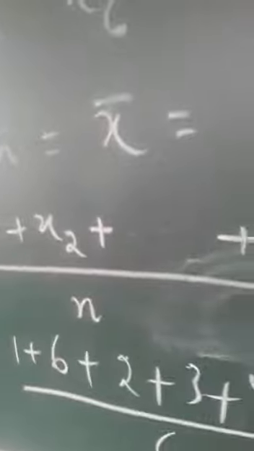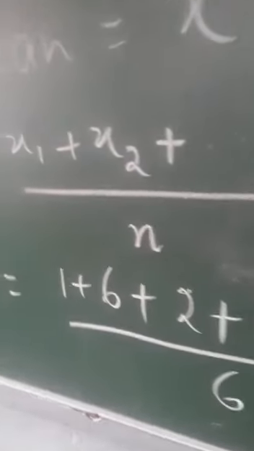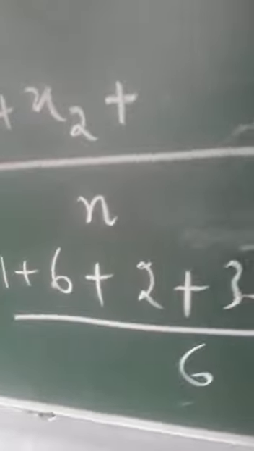That is x1 plus x2 up to plus x6. Now, since the total number of terms is n, we have to find the sum of all terms.